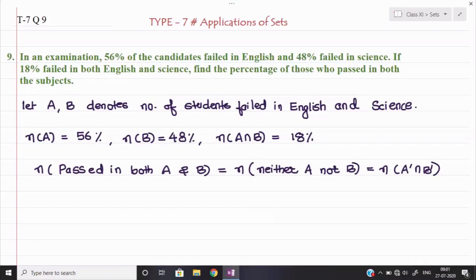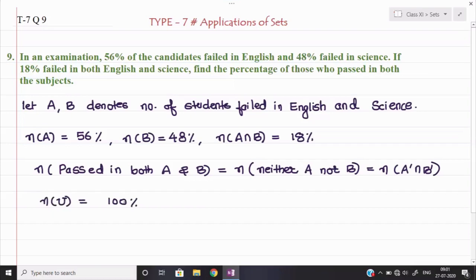So see here, whatever the union of A and B comes to will not cover all the students of the class. Some of the students will be left who are in the category of passed students. So here we can say that one value which is hidden is the universal set, N of U, which we have as 100%, because in percentage the highest value will be 100.